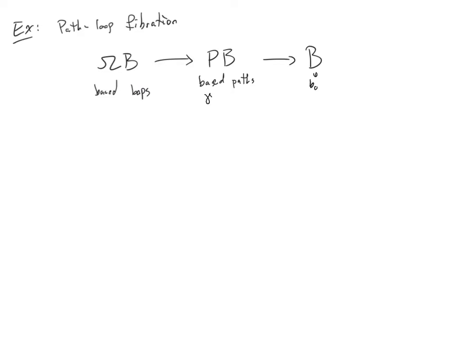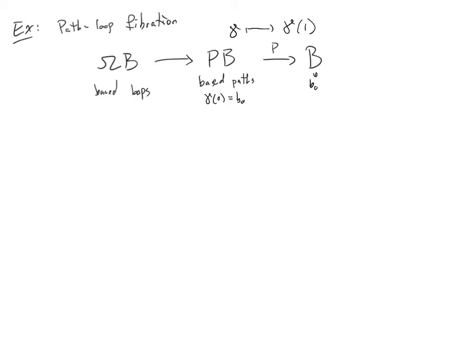This is a path where gamma of 0 is b0, and this projection map sends gamma to gamma of 1, its endpoint. This turns out to be a Serre fibration. We proved this in the first course, in the first semester. Basically, this being a Serre fibration is path lifting.